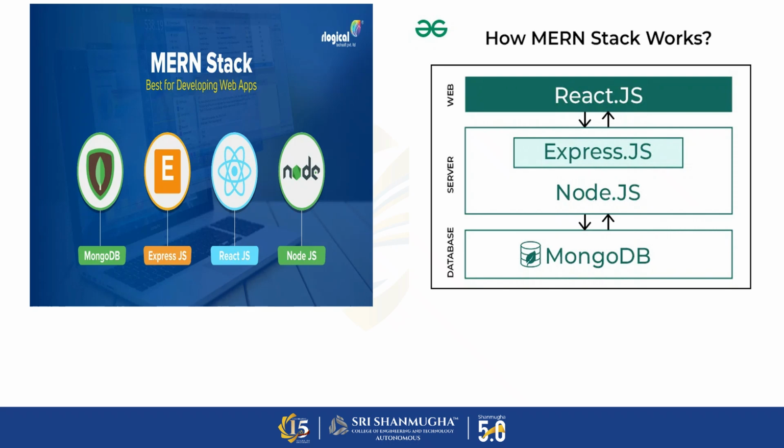For the database, we have MongoDB, and for the front end, we have React.js. For server side interaction, we have Node.js and ExpressJS. All these four technologies collectively are called the MERN stack. By knowing all these four frameworks, a full stack developer can develop a project efficiently.